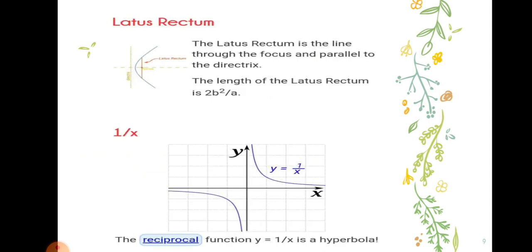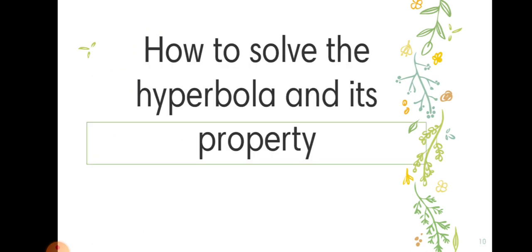The latus rectus is the line through the focus and parallel to the directrix. The length of the latus rectus is equal to 2b squared over a. The reciprocal function y equals 1 over x is also a hyperbola.